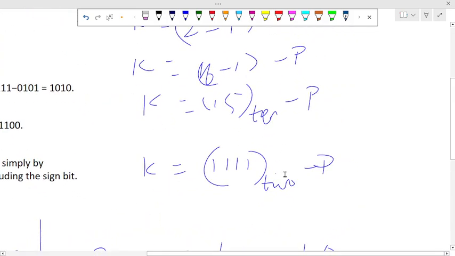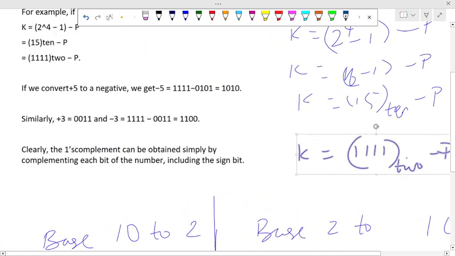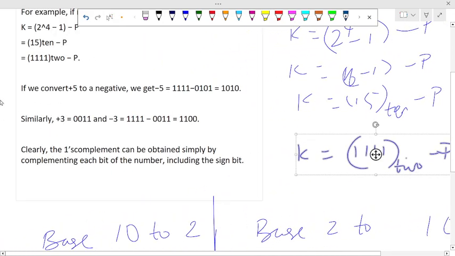Alright, so after doing this, we can use this expression to get the 1's complement of a negative number. So now let's say 5. We are looking for 5. So what is the complement of negative 5?